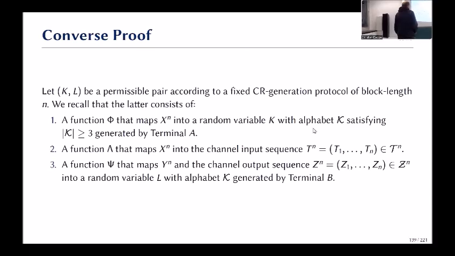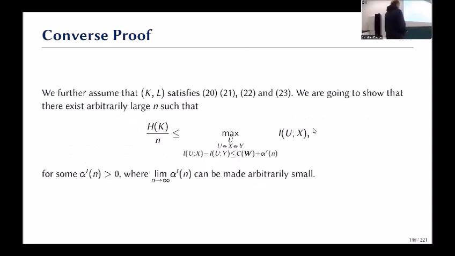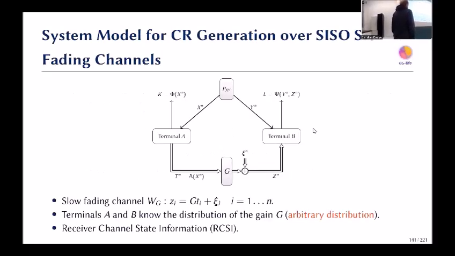These are all these functions. And we have to show that there exists an arbitrarily large n such that H(K) over n is smaller or equal than our formula here for some alpha_n, which are arbitrarily small.